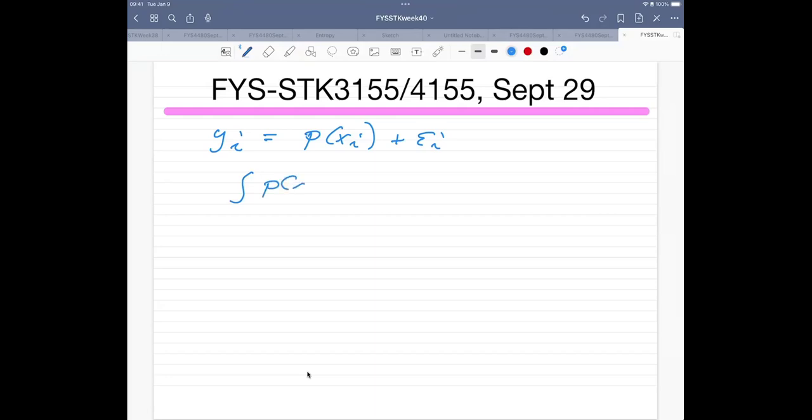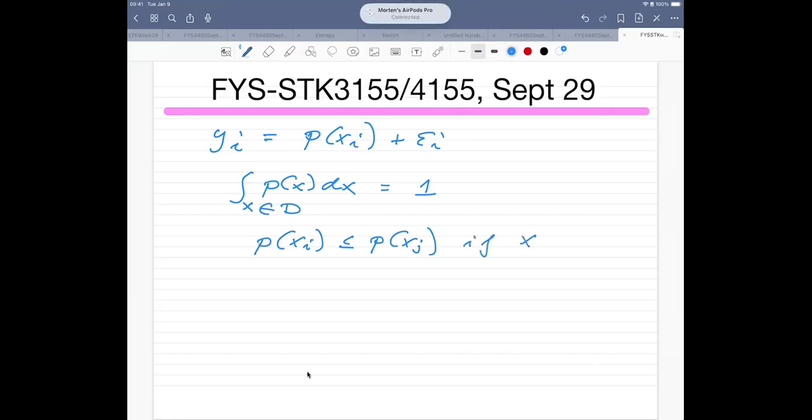So if we integrate P of x dx, where x is defined in some domain, this integrates up to 1. We also know that the probability P of x_i is smaller than the probability P of x_j if x_i is less than or equal to x_j.